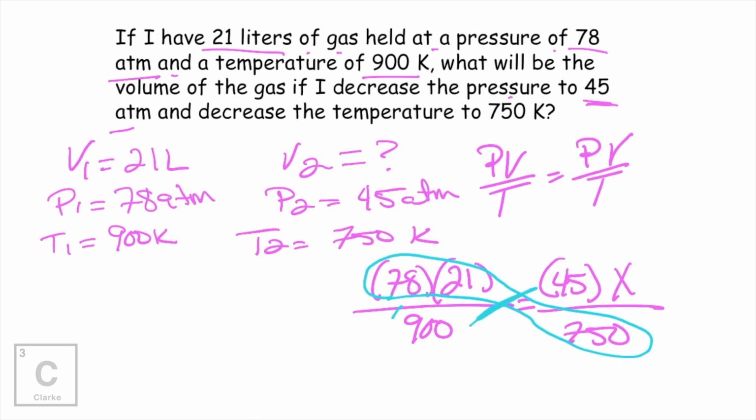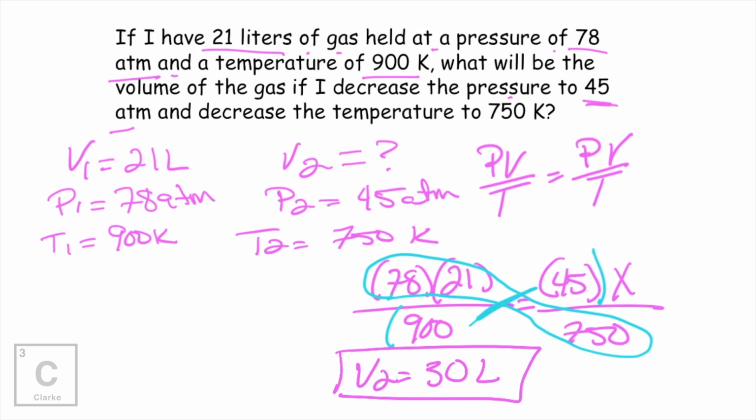But when I divide these two numbers, I've got to put them in parentheses. So when I type this into the calculator, I would type in 78 times 21 times 750 divide, open parentheses, 45 times 900, close parentheses. And I am getting volume 2. Okay, so I've got 30 liters.